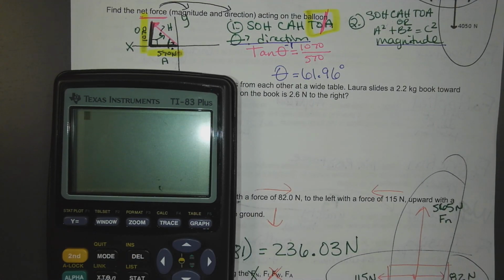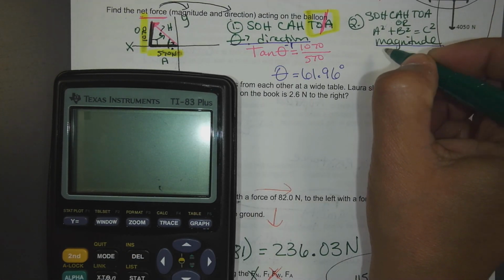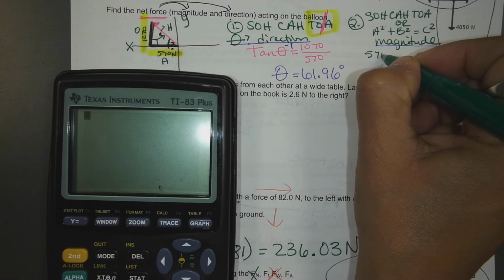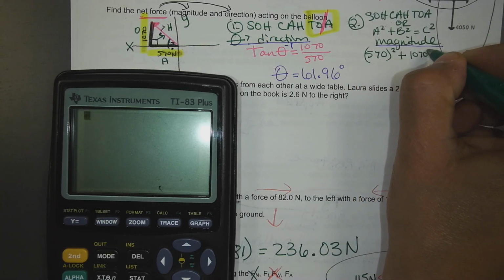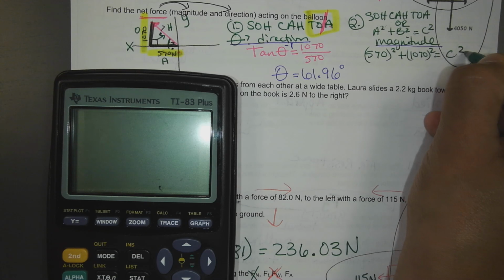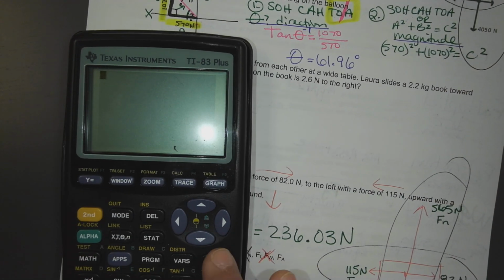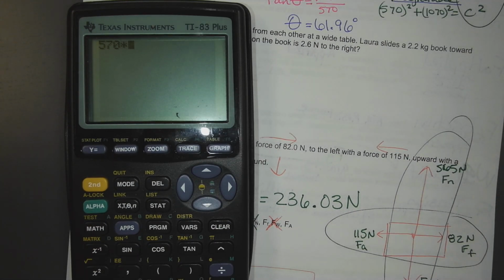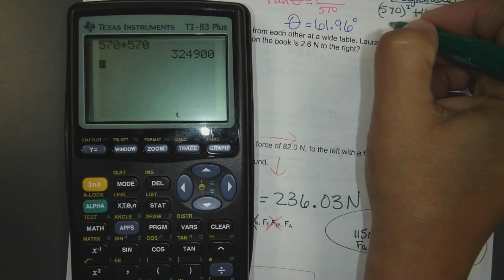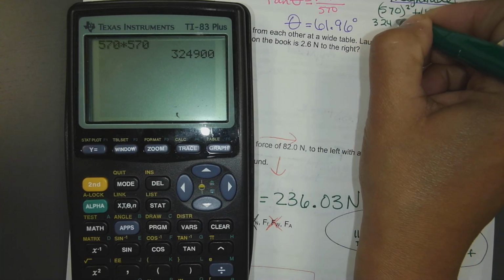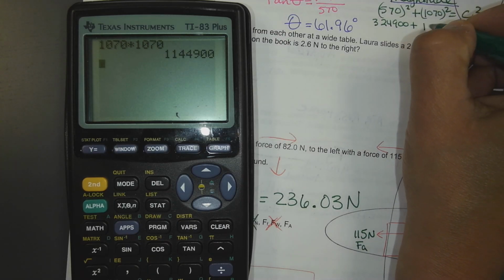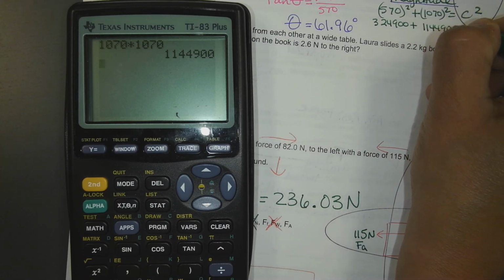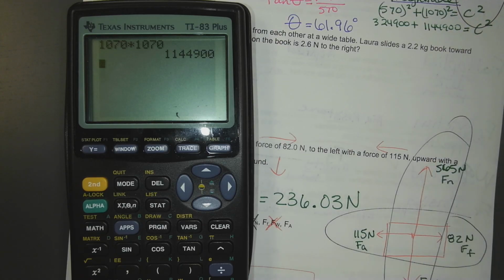For us, let's do it easy cheesy: A squared plus B squared equals C squared. So 570 squared plus 1070 squared equals C squared. 570 squared is 324,900, plus 1070 squared comes out to 1,144,900 equals C squared.